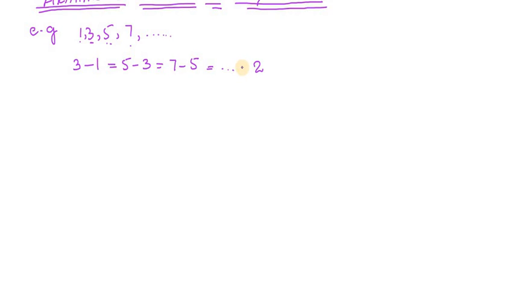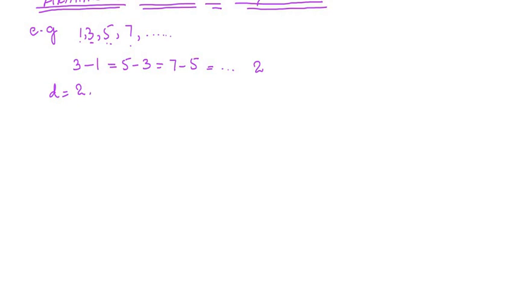This fixed number is called the common difference, and the common difference is 2. Note that in an arithmetic progression each term can be obtained from its preceding term by adding the common difference.